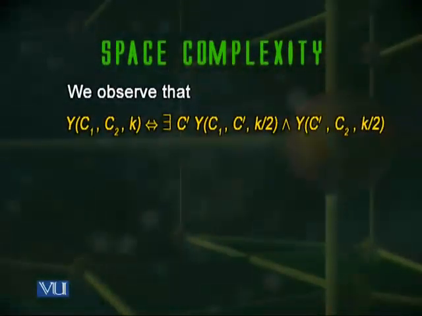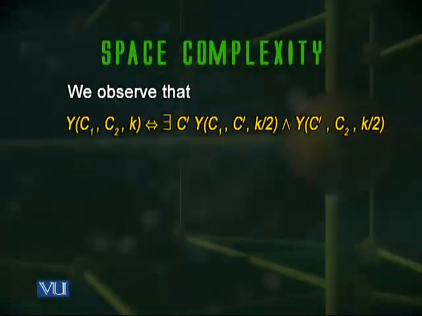Similarly, in this case we're saying from the first configuration to the second configuration we can go in k steps if and only if there's an intermediate configuration so that from the first configuration to the intermediate one we can go in k over 2 steps, and from the intermediate configuration to the destination configuration we can go in k over 2 steps. So now let's stare at this.